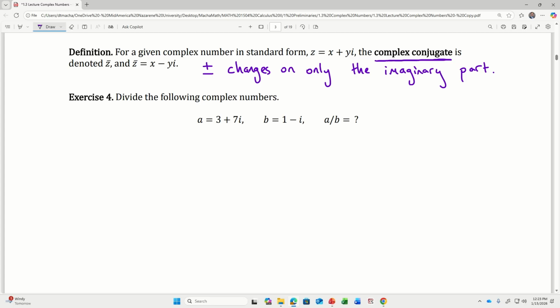Exercise 4 says divide the following complex numbers. So if I wanted to divide a divided by b, this is going to be 3 plus 7i divided by 1 minus i.